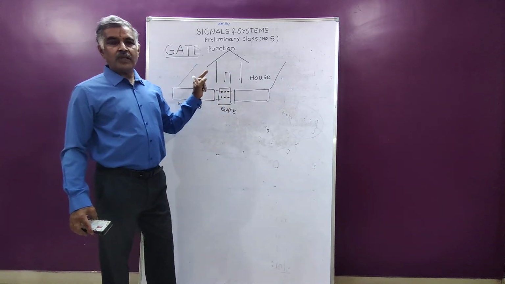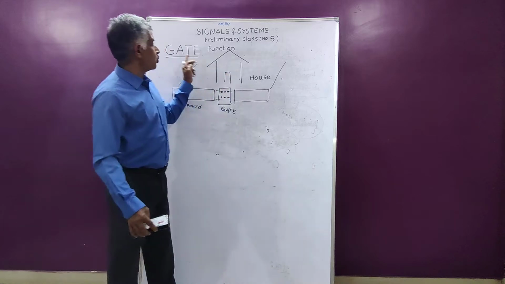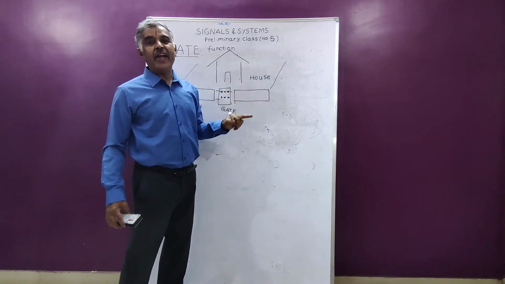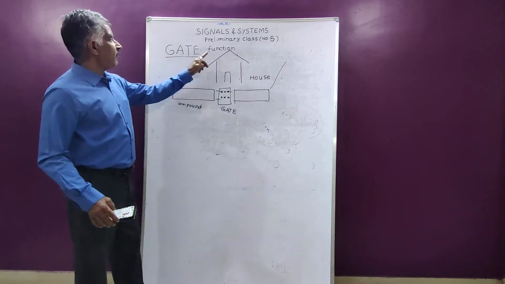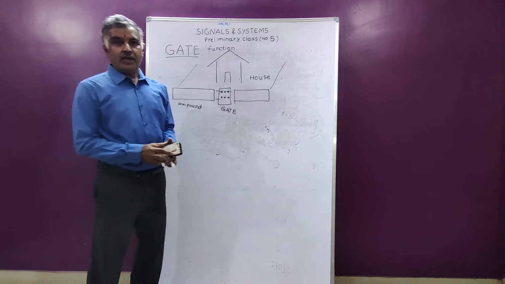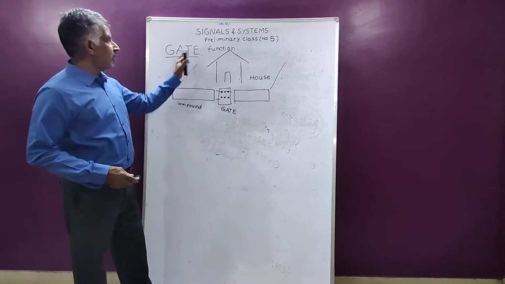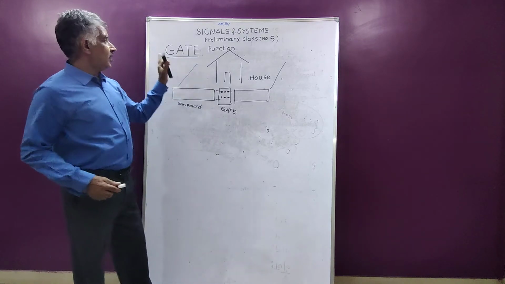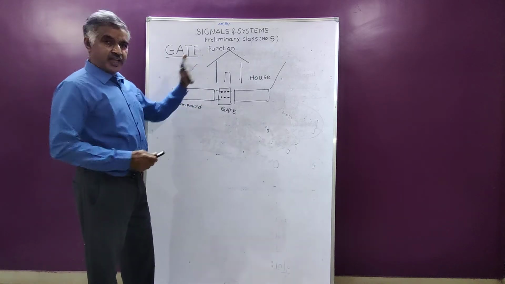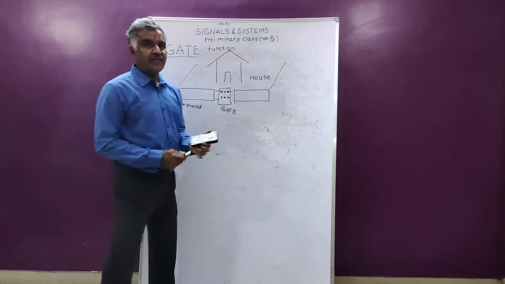While doing problems on convolution integral, they are supposed to know the utility of this function called gate function. So gate function is a very useful function used in signals and systems, and I will concentrate on this gate function, and I will sketch it at the end of the class.